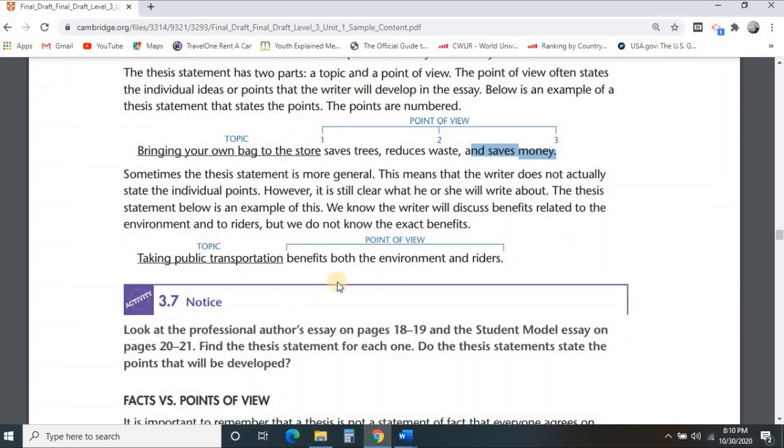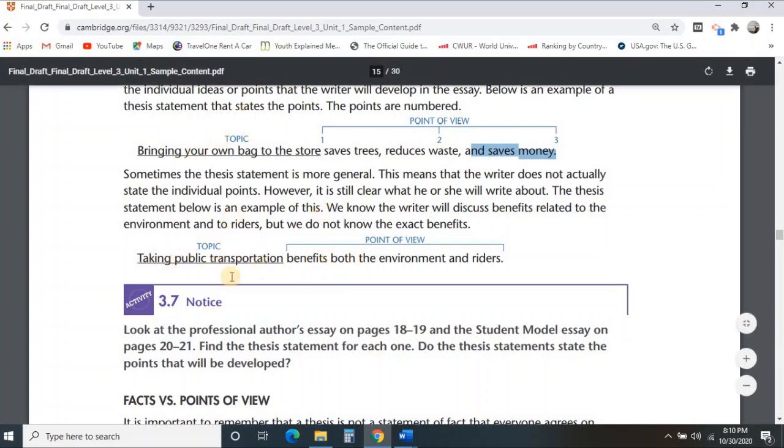Now, here's another thesis statement. Taking public transportation, it's not about the same topic, of course, a different topic. Taking public transportation benefits both the environment and riders. The difference between this thesis statement and the previous one is that this thesis statement is open.